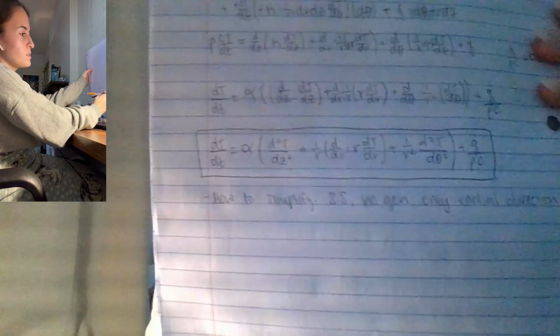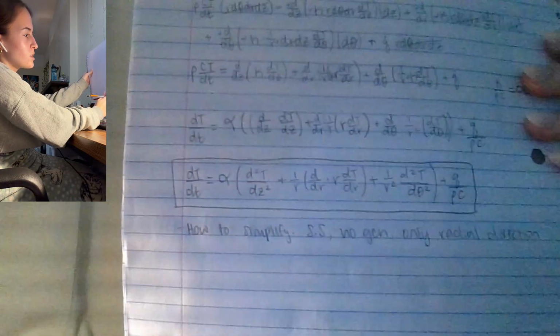And now we want to look at how this can simplify if it is steady state, no generation, and only radial direction. So I've just written here, how are we simplifying with steady state? No generation and only the radial direction.